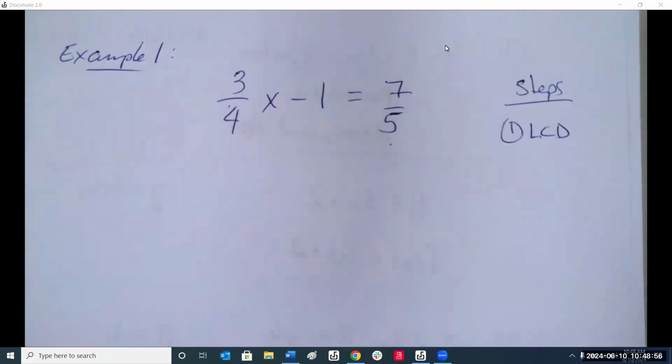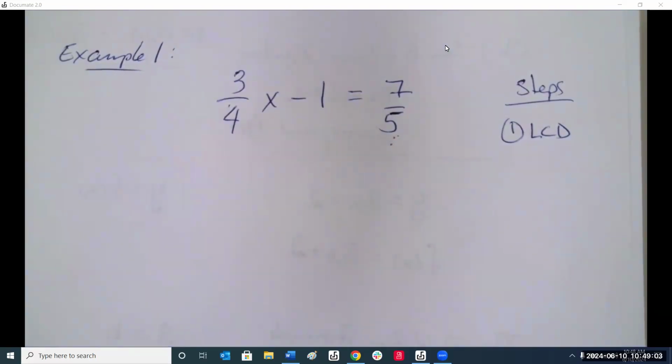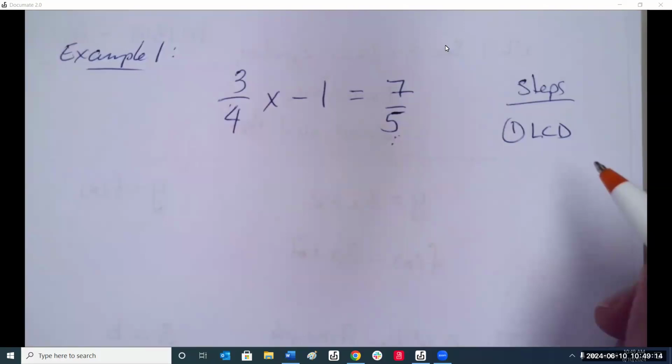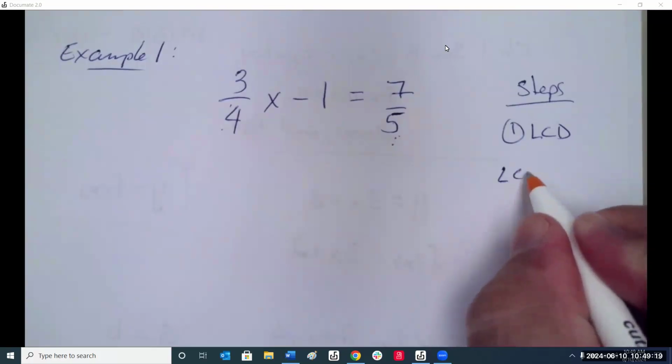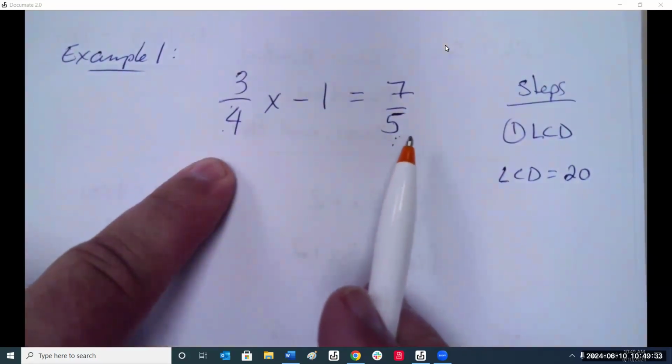What's the LCD we have here? Nope. What's the smallest number that both of these fit into? 5 doesn't fit into 1. If you have a hard time figuring it out, then just multiply them. So the LCD is going to be 20. Instead of wasting your time, it's going to wash out at the end. Just multiply all the denominators. It'll wash out at the end. But yeah, in reality, that's the smallest one for this one anyway.